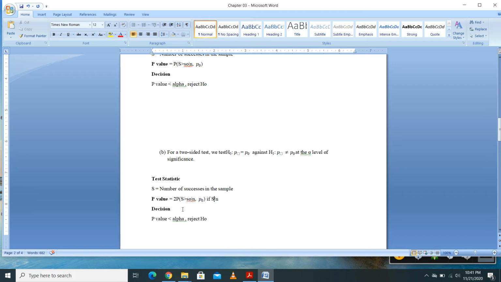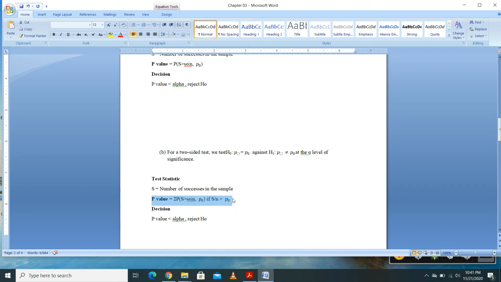We use this formula if S divided by n, that is the p hat value, the estimate, is greater than p naught. If the estimated value for the population proportion is greater than the given value that we are using to test, we find the p-value using this formula, right?